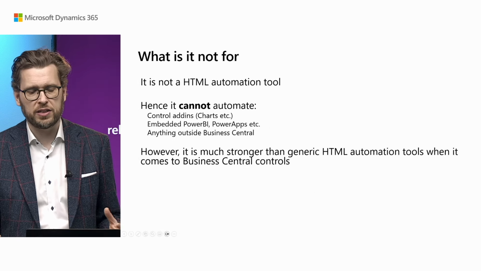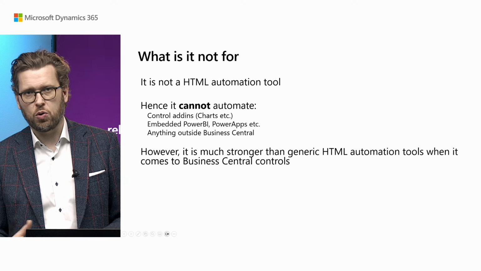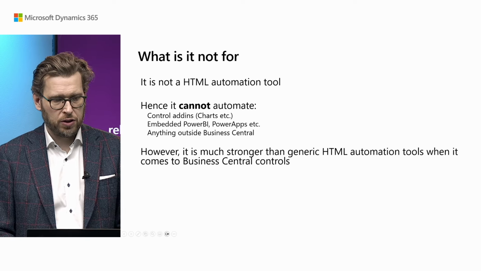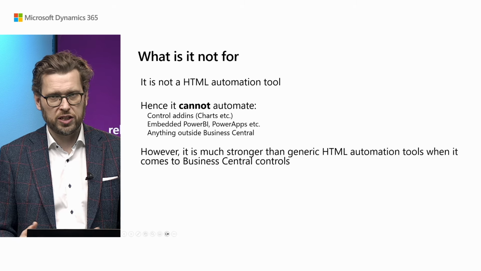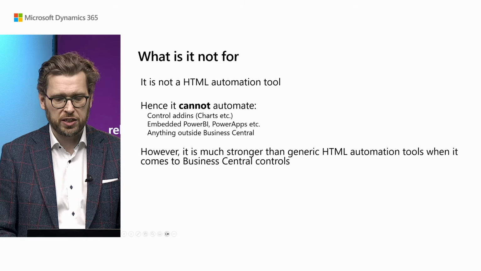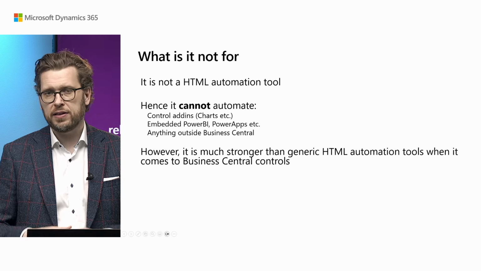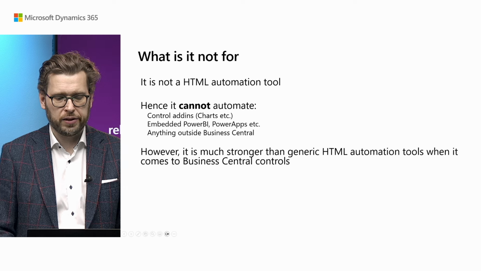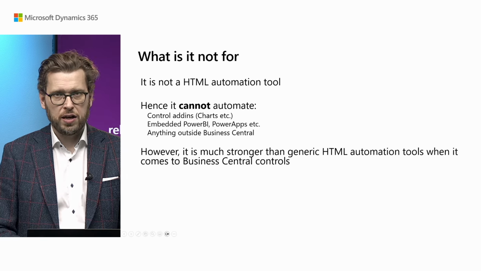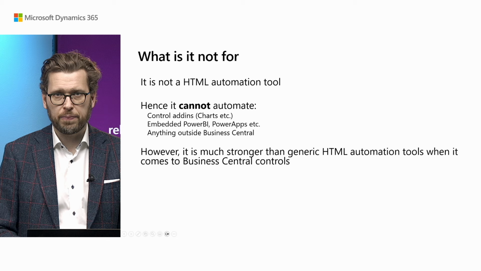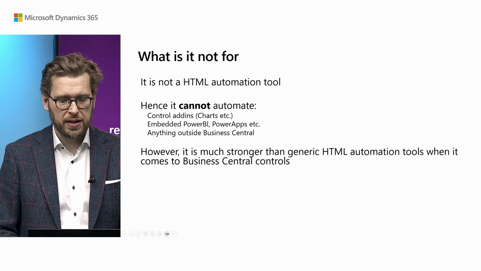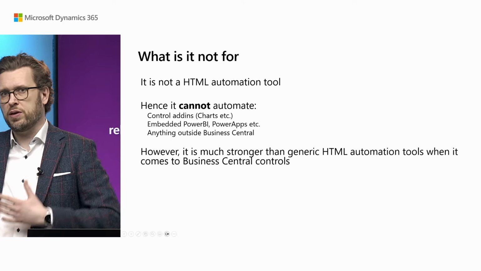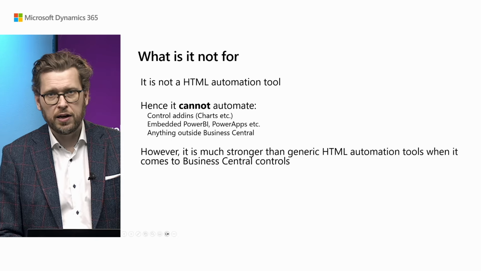And then it's super important to mention: what is this tool not? Because you might be familiar with general test tools for web pages, HTML automation tools. And this is not an HTML automation tool, right? So we cannot automate control add-ins like charts or any embedded content like Power BI or Power Apps or something like that, or anything outside of Business Central where you want to orchestrate some kind of end-to-end flow that goes outside.